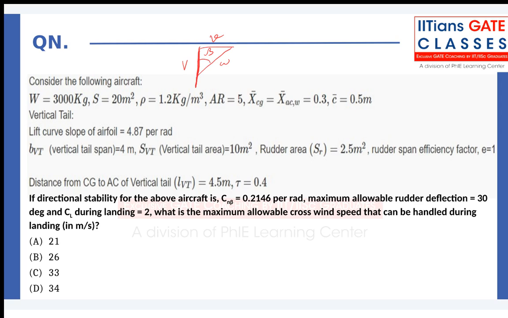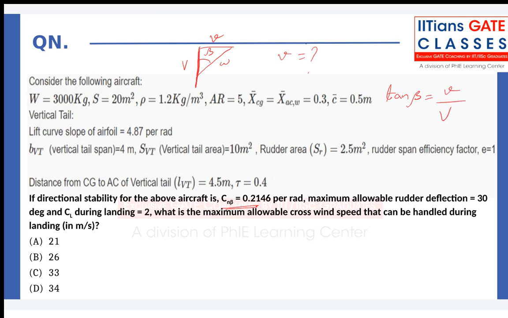They have asked you to find out small v, that is the crosswind here, right? So there is a crosswind that has occurred and your aircraft is subject to a side slip angle beta. Now they've given you Cn beta and the other terms in the equation in the question. You need to find out small v. How do we find out small v? So just take tan beta is equal to small v by capital V.